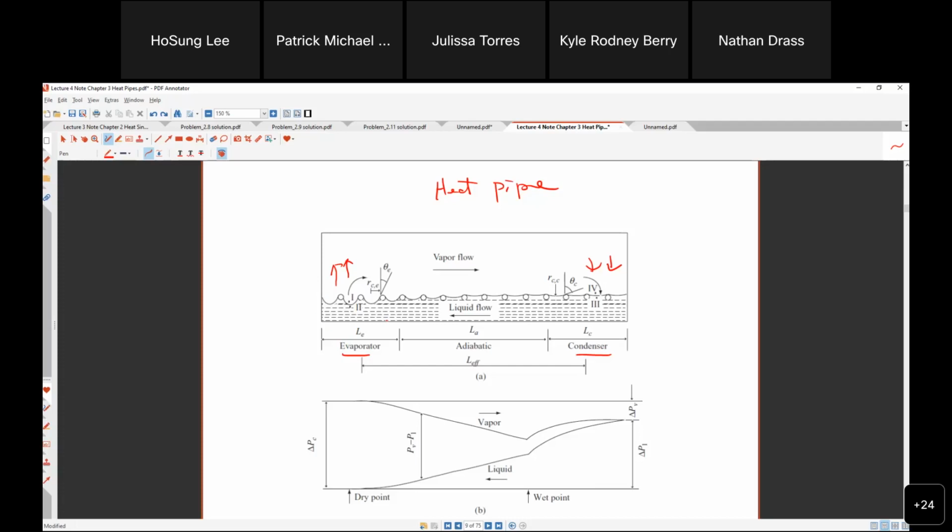Is 1 higher than 2? Why? Because it's inside the curvature. Yes, that's it. Young-Laplace. 1 should be higher.